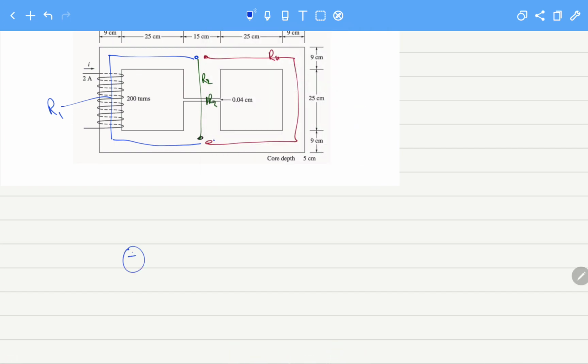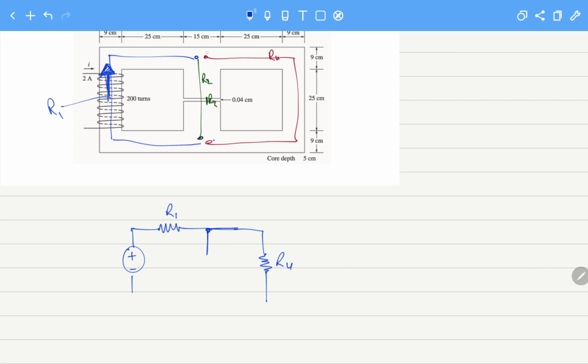So we can see that we have one source, and then there will be one reluctance R1 that is directly in series with the flux coming out from the source, right? After that, our circuit gets divided. It becomes two parts. Then for this red marked part, we have one reluctance here. We can call it R4.